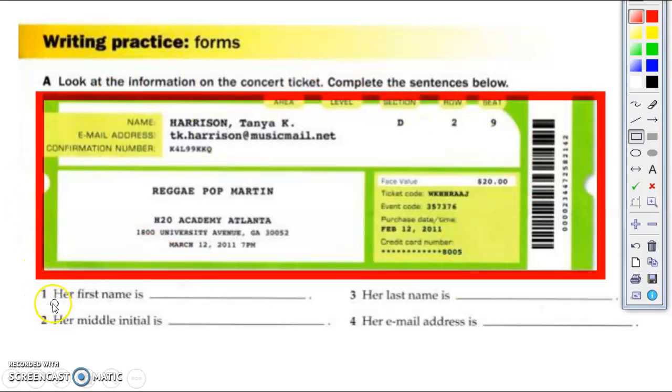For example, her first name is. You have here the name. Her middle initial is. Her last name is. Her email address is. Okay, so you have to complete with this information.